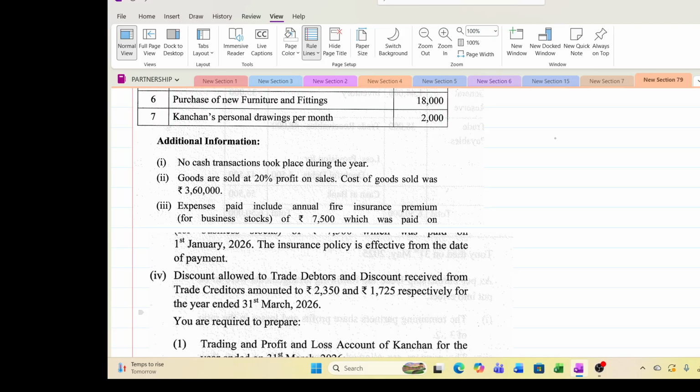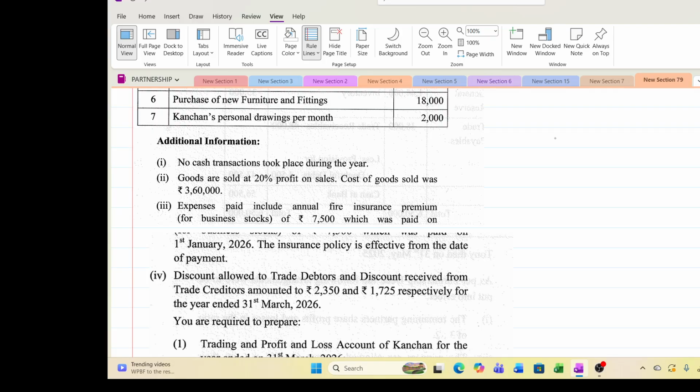For the current year, because we have to prepare the balance sheet as on 31st March 2026 and trading and P&L account for March 26, this insurance premium should be taken into account only for 3 months, January to March. Balance is paid extra, that is prepaid. The amount prepaid will appear in your balance sheet.